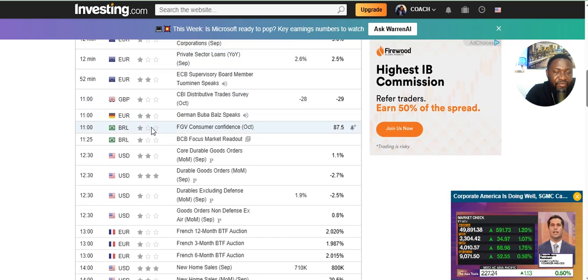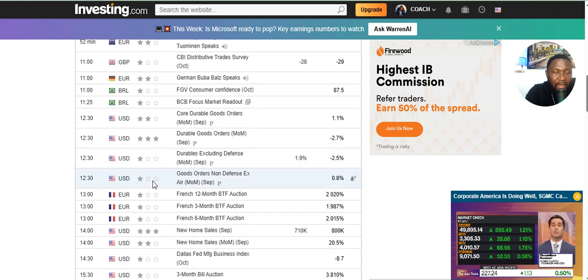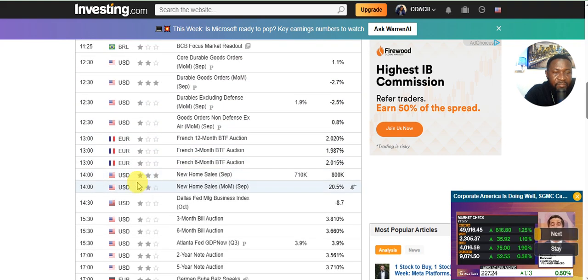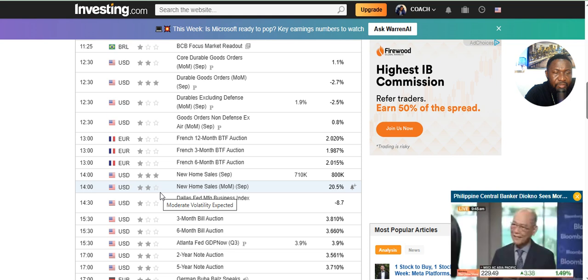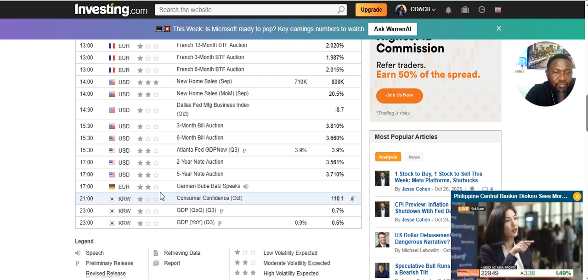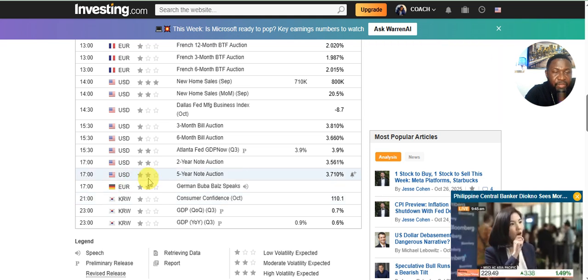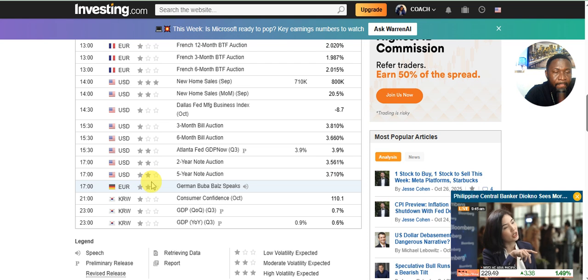Let's see if you're going to have 3 stars somewhere. Yes, at 12:30 you're going to have 3 stars on the USD. And then at 4 p.m. you're going to have 3 stars on the USD still, and 2 stars on the USD. So today Investing.com is telling us to be very careful with the USD, because the USD doesn't look too good here. It's going to be very, very rough today.